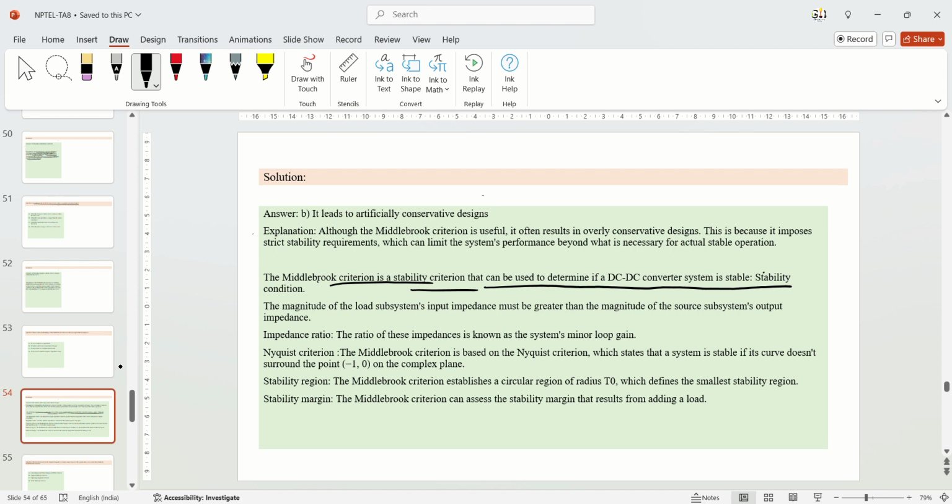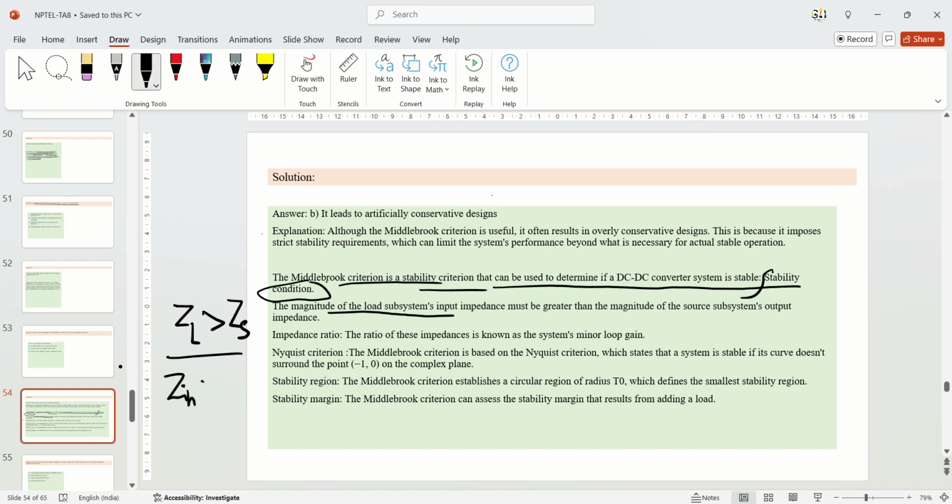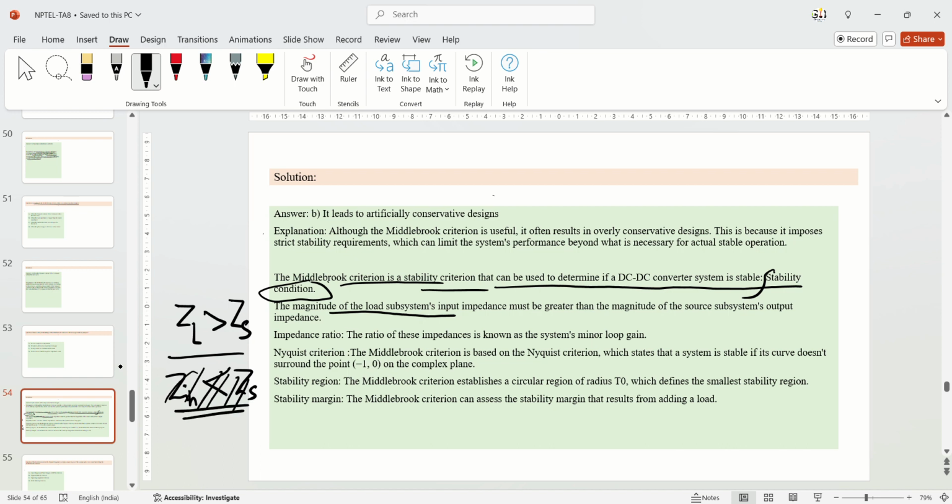So the stability condition is that the magnitude of the load subsystem, ZL, must be greater than the source, ZS. The input impedance should always be lower than ZS. So these are two criteria you can filter out: ZL should always be greater than ZS. The impedance ratio criteria is that the ratio of these impedances is known as the system minor loop gain.